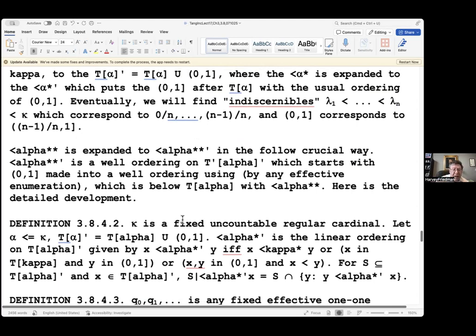Okay. So I'll have indiscernibles as before, but they'll correspond to these numbers here, and 0, 1 will correspond to this interval up here.